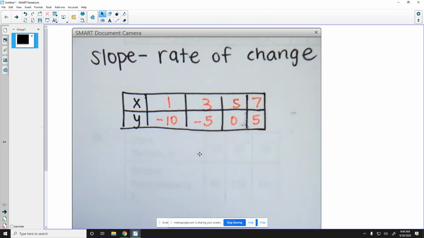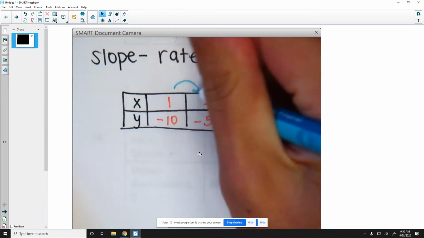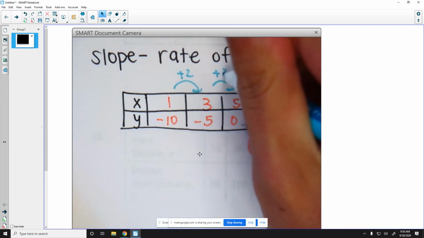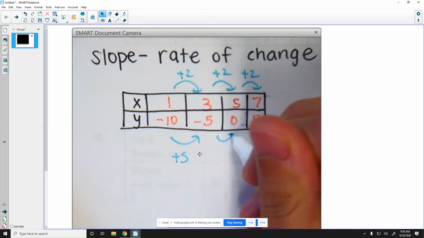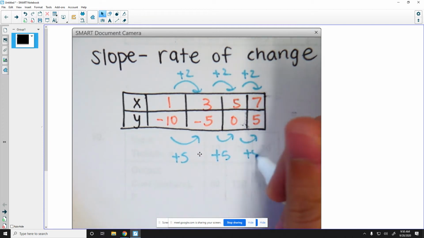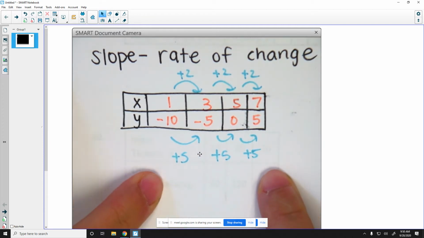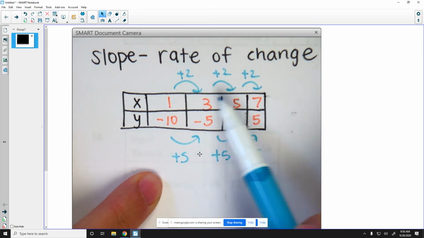All right, so it has to be like plus or minus, like a set rule. On each side, so like +2, +2, +2, that's linear on the top. And then down low, it's like +5. Yeah. Okay. So you basically have to find an adding and subtracting pattern, okay? So on top, it's +2, +2, +2.